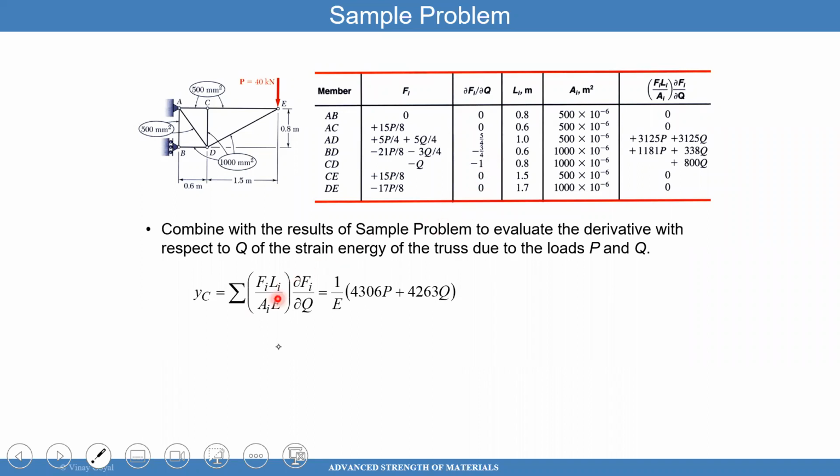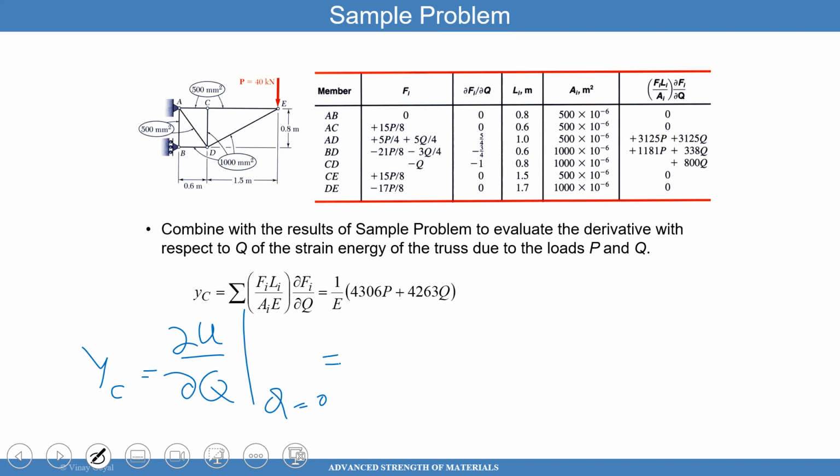You don't have to do this chain rule at all. Let me just show you, because I feel like some of you don't like this chain rule thing. Let me do a couple of bars, you can see how this works. The partial of U with respect to Q equals 0. What is the strain energy for bar AD? Let's choose AD.